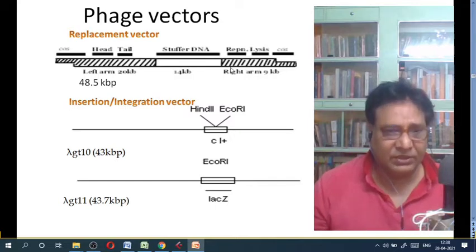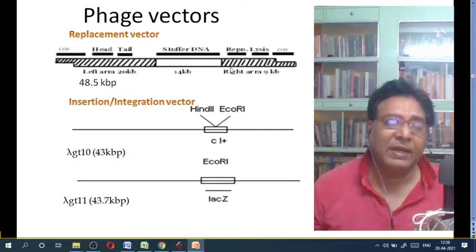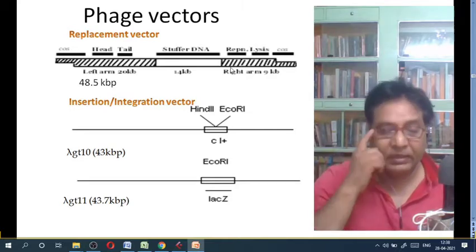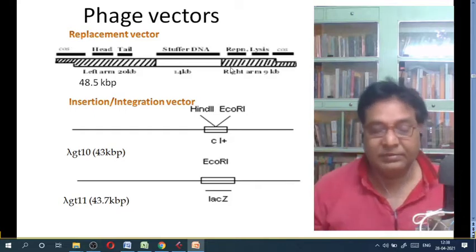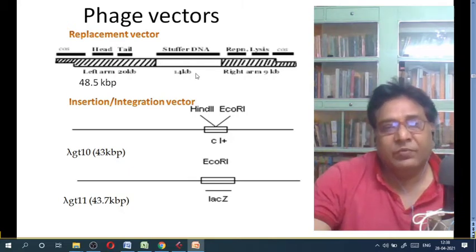From there you can screen the plaques by plaque hybridization, or you can directly pick up the plaque in which you have your desired gene of interest. Anyway, so you can replace this stuffer DNA with your gene of interest.